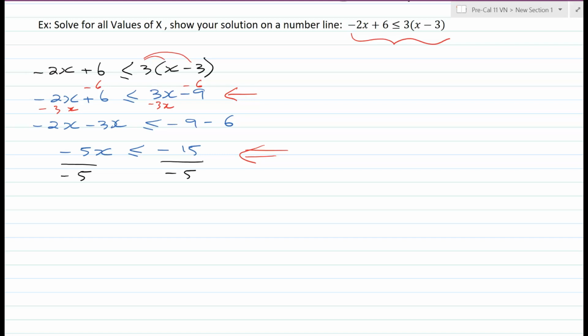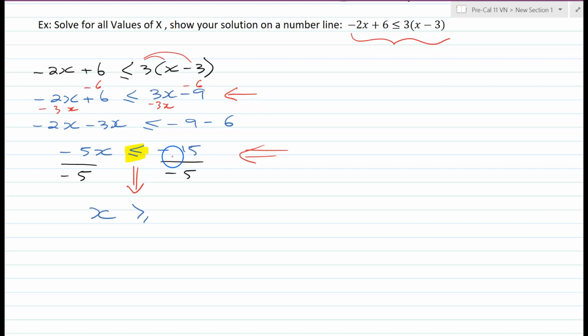The rule is, when you divide an inequality expression by a negative number, you have to change the sign direction. The direction of the sign of the inequality has to change. So in this case, you will have x, and instead of being less than, it will be greater than or equal to. Okay, so this is a very crucial part that you have to pay attention to.